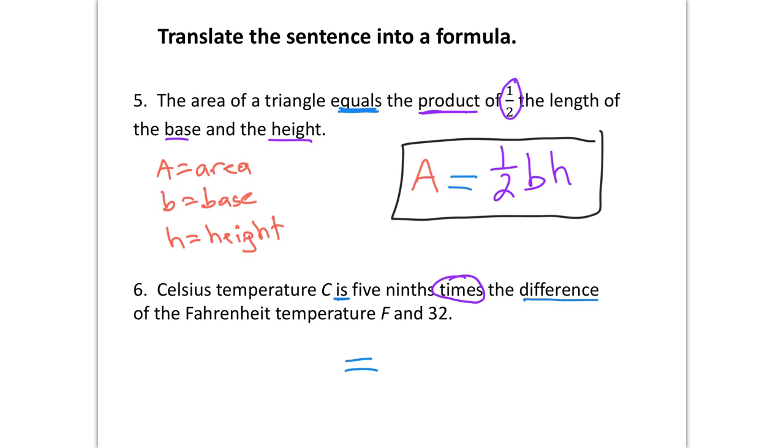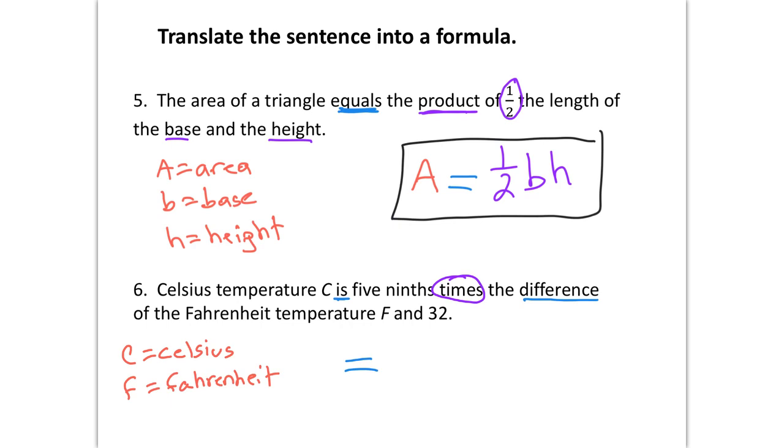I have the difference of the Fahrenheit temperature F and 32. So we do have two different variables. We know that C is going to be Celsius and F is going to be Fahrenheit. I'm going to use those different variables to write down my formula.